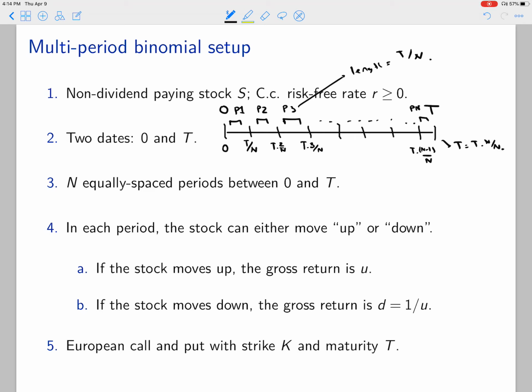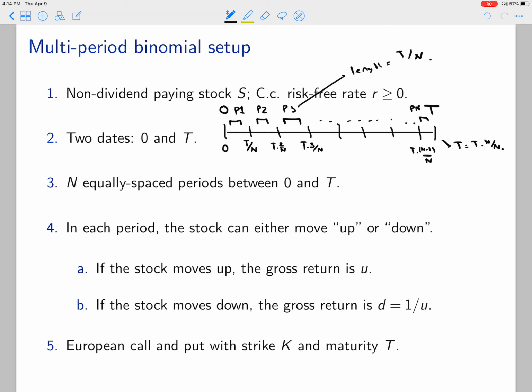What we're going to assume is that in each period, similar to the two-period binomial model, the economy can either move up or down. If the economy moves up in the period, depending on which state we're already in, the stock price is going to change by a factor of U equal to the gross rate of return. And if the economy moves down, the stock price is going to change by a factor of D equal to 1 over U equal to the gross rate of return.